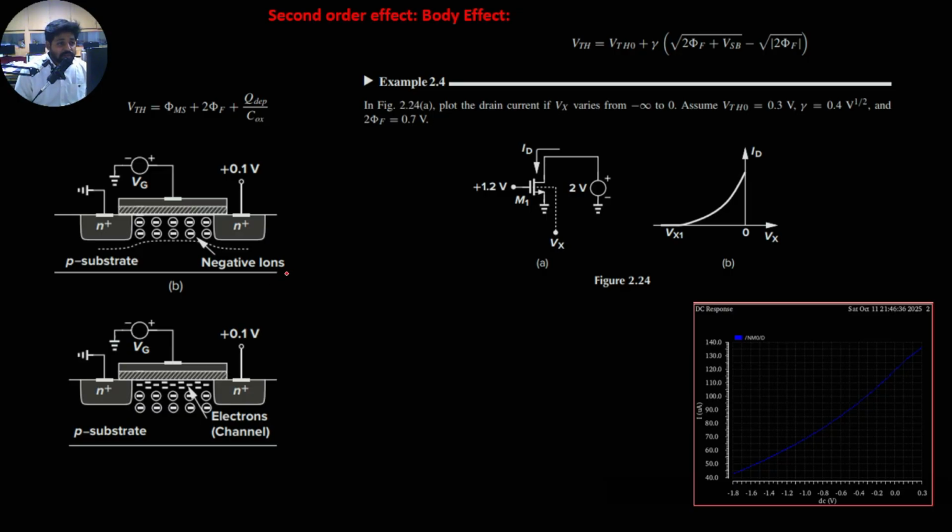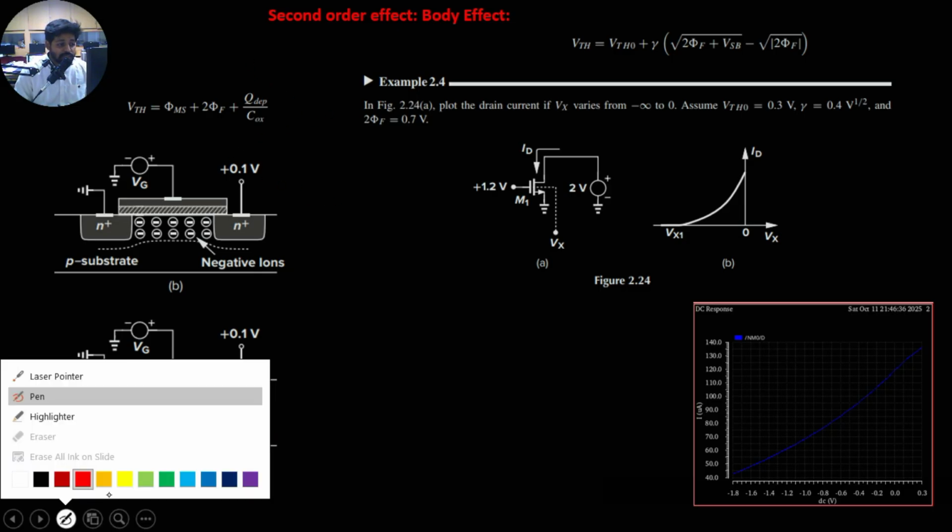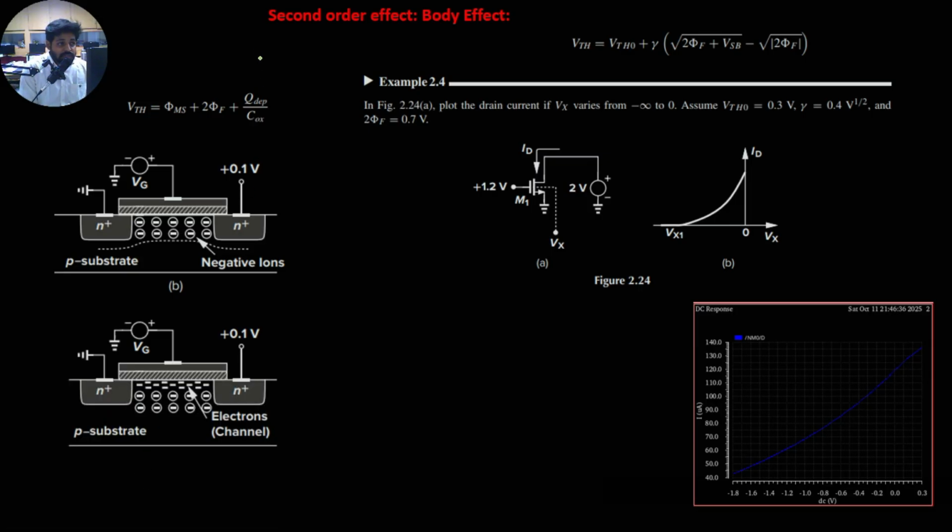If the threshold voltage of the transistor when it is fabricated is around 0.3, it means at 0.3 volts, the depletion region's negative charge ions will form an inversion layer.